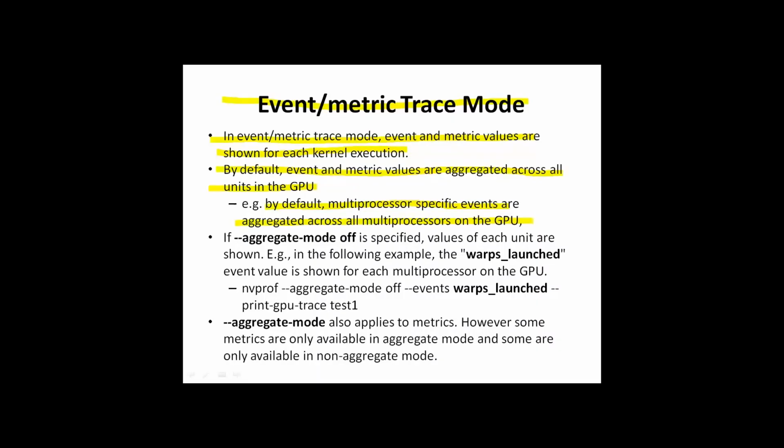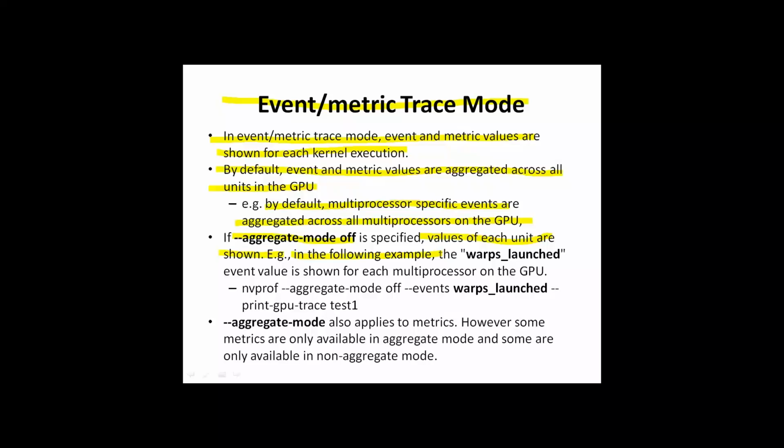So in this mode, whatever output it shows will be an aggregate of both multiprocessors. But we can turn this mode off. If we turn the aggregate mode off, then values of each multiprocessor will be shown separately: multiprocessor 1, multiprocessor 2.